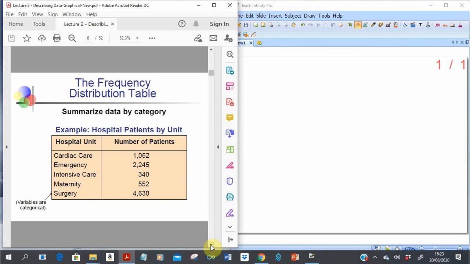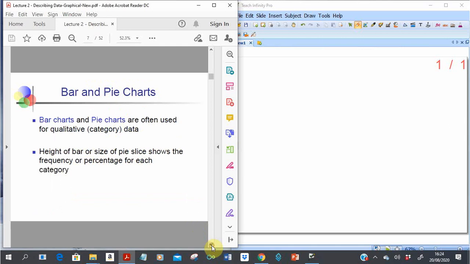This is the frequency distribution table because you have your hospital unit and number of patients, which just represents the frequency. So in the cardiac care, we have 1050, and emergency unit, we have 2245, and so on. So here we are able to summarize categorical data into a frequency distribution table.